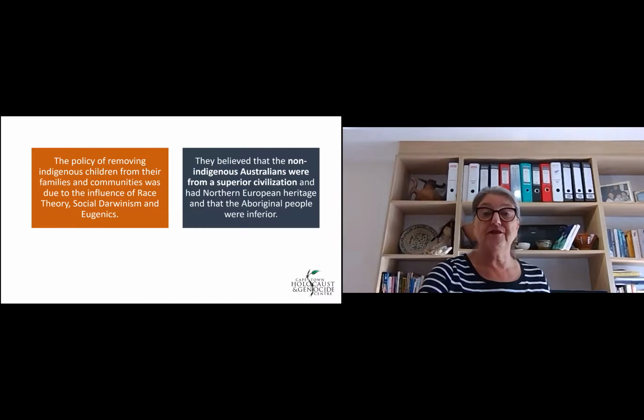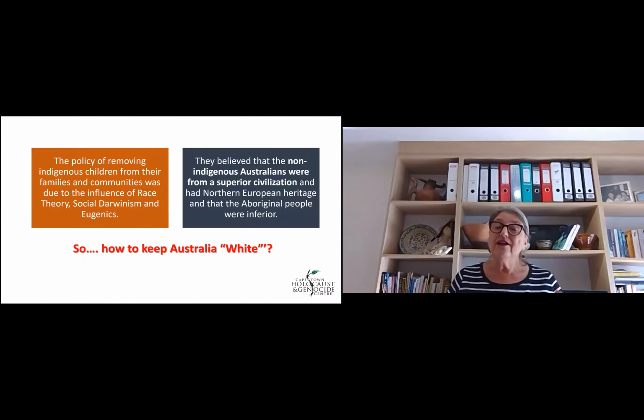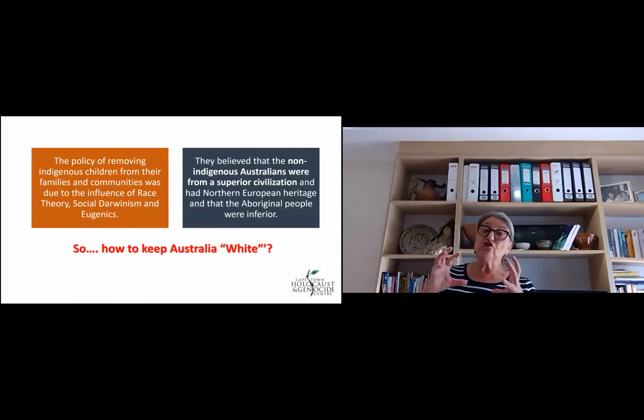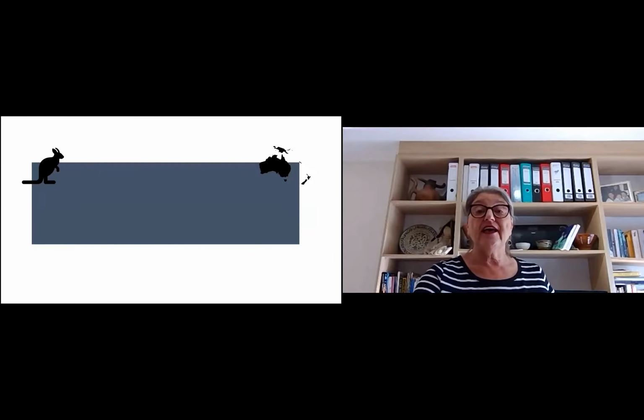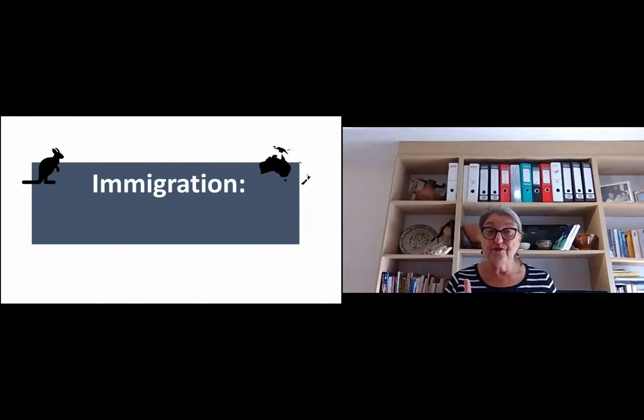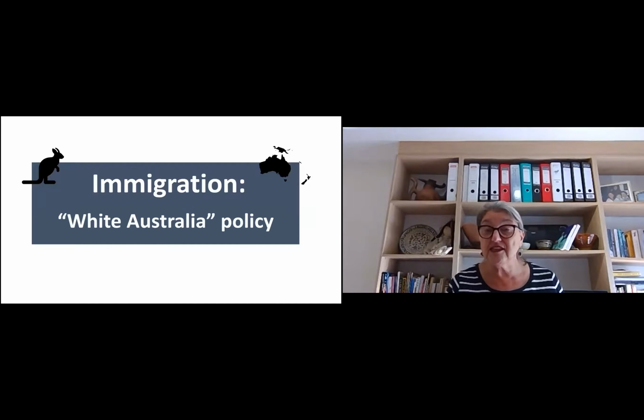the Aboriginal people. One of the big things about Australia was that Australia wanted to keep Australia white. They wanted a white Australia. So how were they going to do this? Well, they came up with two policies. The first policy was a whites-only immigration policy.